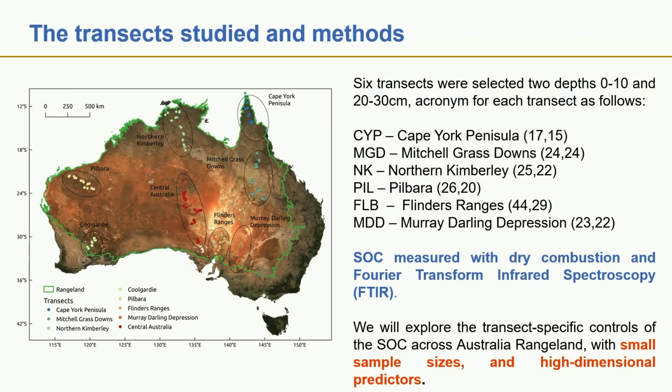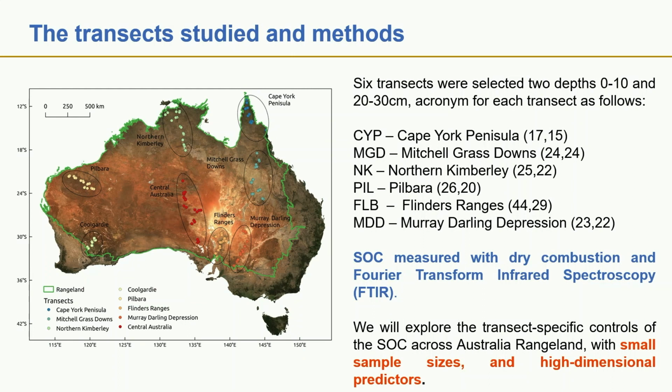We compiled soil samples from 8 transects, and 6 transects were selected within 2 depths, 0 to 10 and 20 to 30 centimeters. The acronym for each transect is as follows: CYP for Cape York Peninsula, with 17 samples for the topsoil and 15 for the subsoil.